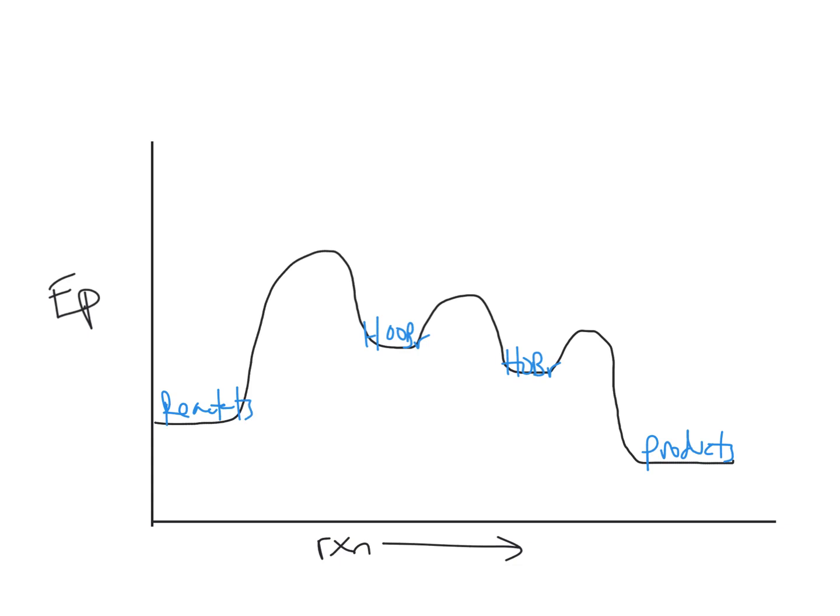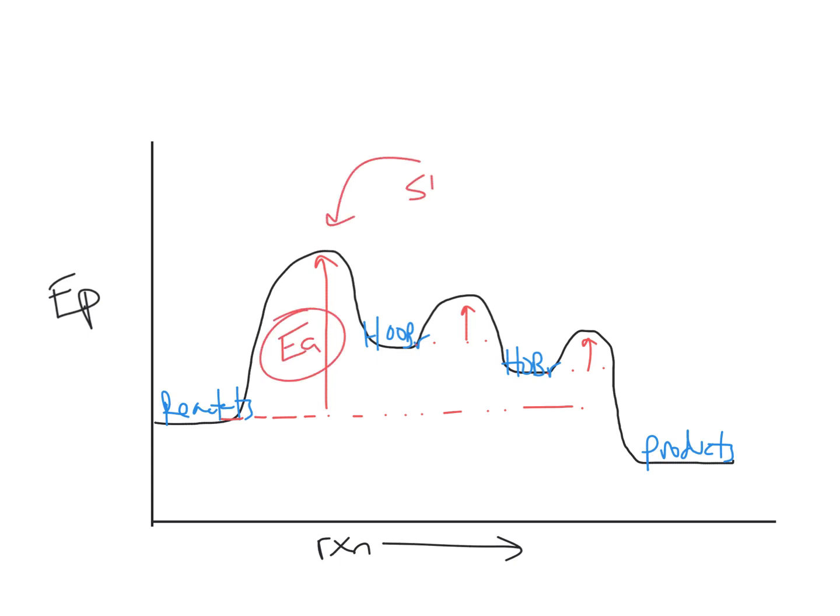If you look at the height of the humps, which ultimately represent the activation energies, whatever hump is going to be the highest, it's not always the first one, we're comparing that one to this one to this one. This is the biggest activation energy that had to be overcome in the whole thing.